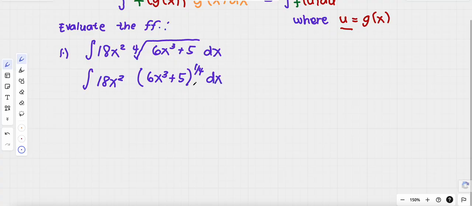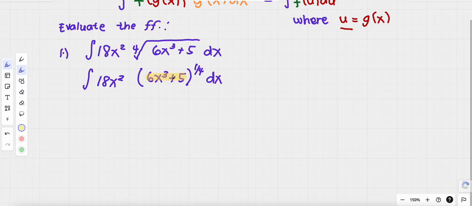Alright, this is now friendlier to the eyes. Which do you think is convenient to substitute? One hint is looking at the exponent or power. Let's set aside first the power of 1/4. We can see we have 6x cubed plus 5.